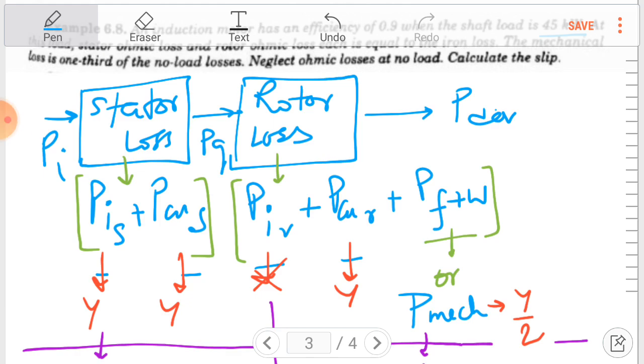Now the problem is asking the full load slip. We can find full load slip by using the formula that it is the ratio of total copper loss at rotor side divided by air gap power.